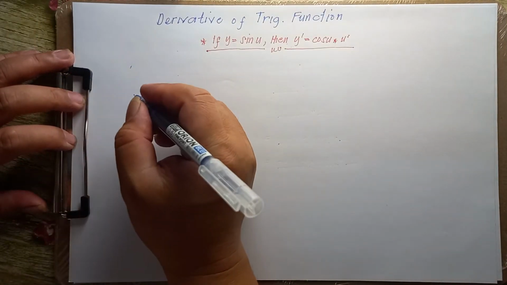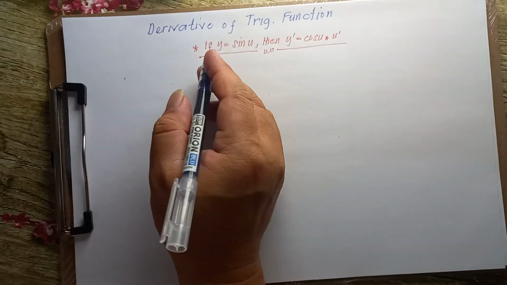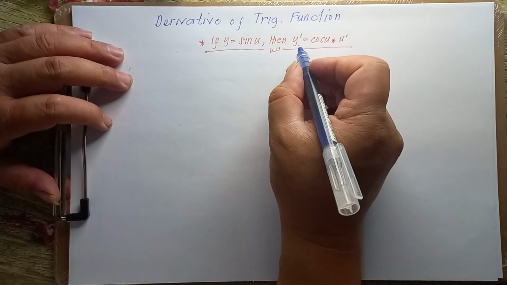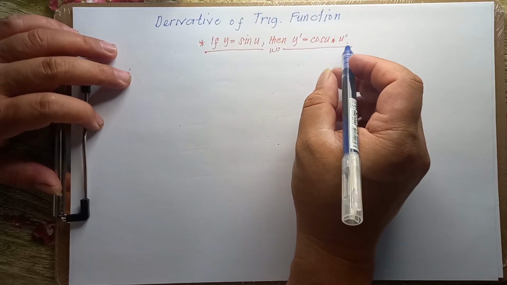So we have in here the first rule. If your y is sine u, then its derivative is represented by y prime equal to cosine u times u prime.